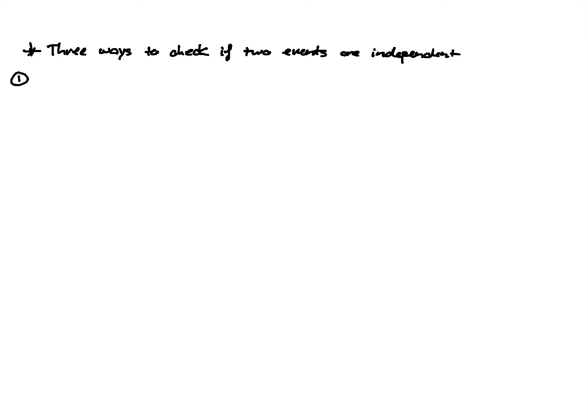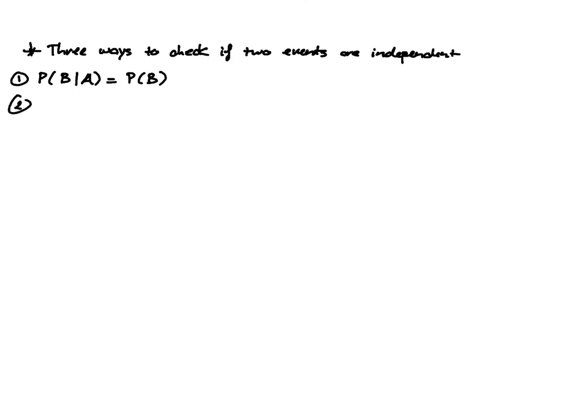So now that leads us to the three ways to check if two events are independent. First off, you can compute the probability of B given A and then compare that with P(B).